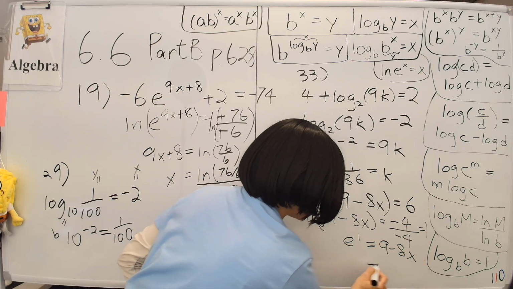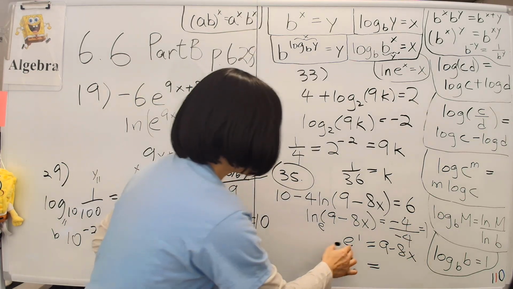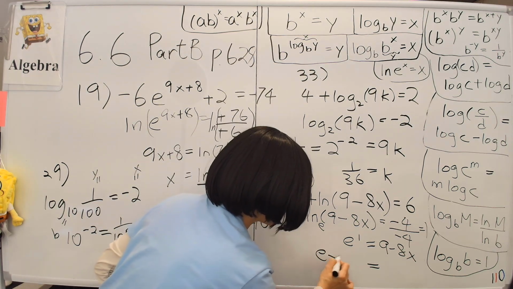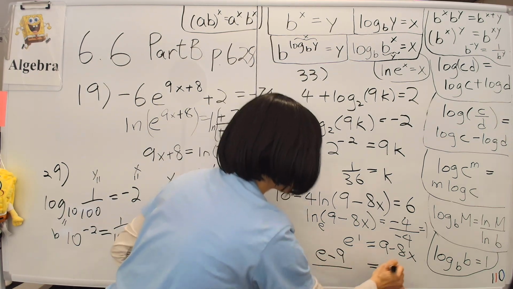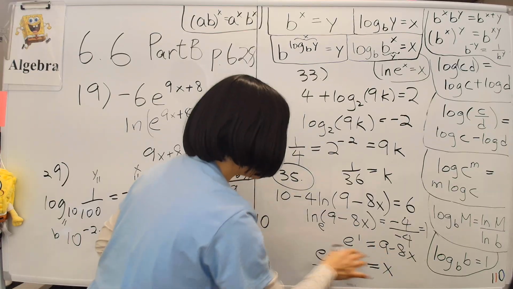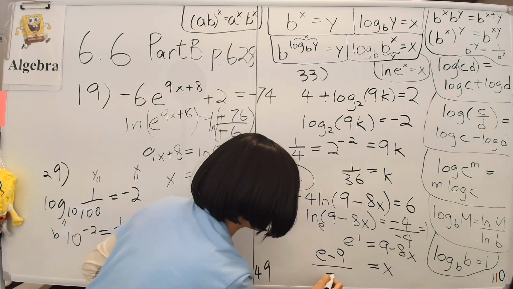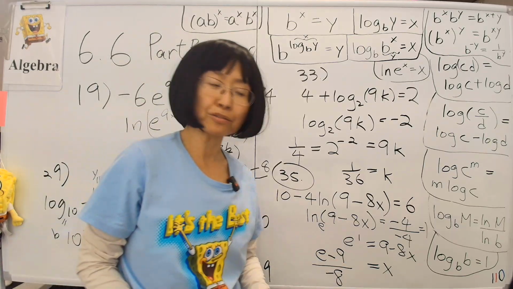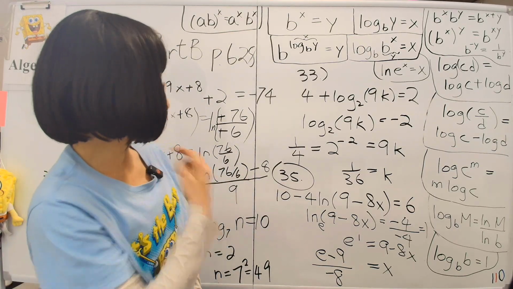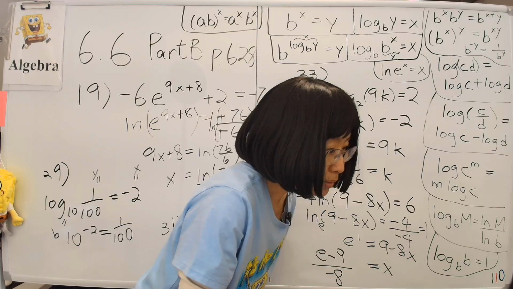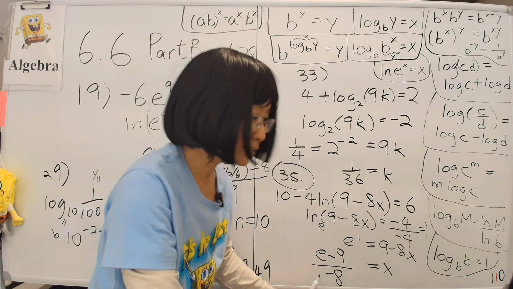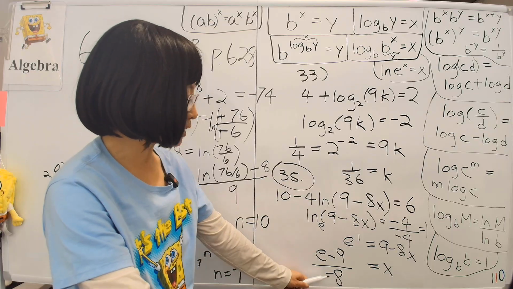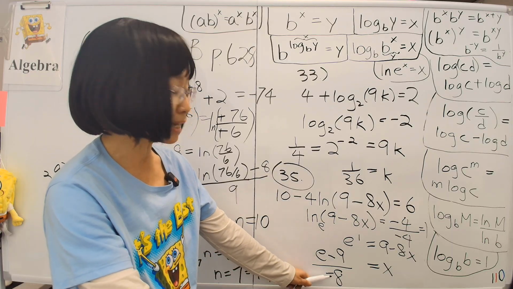So to solve that equation, we have e to the 1 is just e. We'll move the 9 to this side. It becomes e minus 9 divided by, so x equals, move the 9 over, push the minus 8 across the equal sign to down below the division line. So that is the answer to x. Now, what problem is that? 35. Let me check. X equal to 9 minus e over 8. That's correct. Now the answer in the book flipped it around and turned this sign into positive.